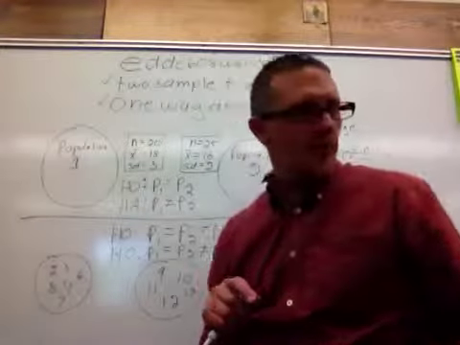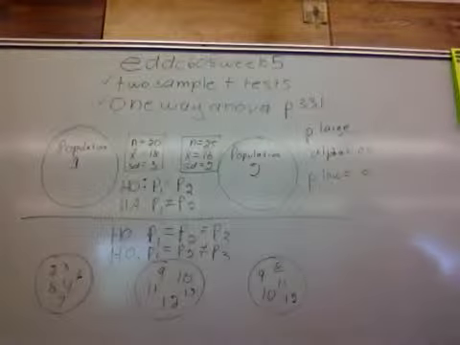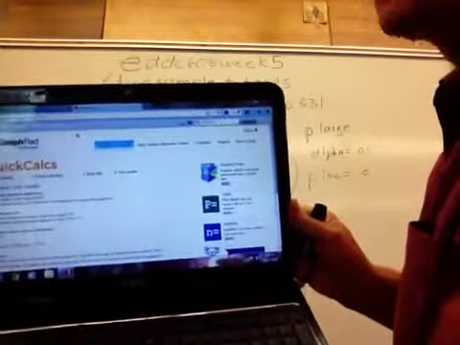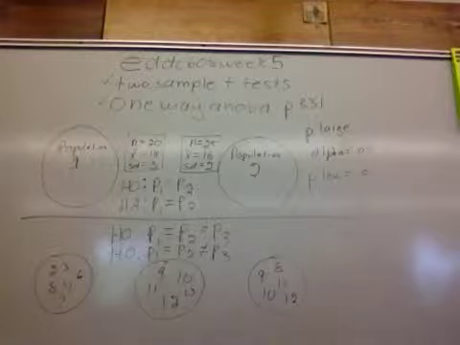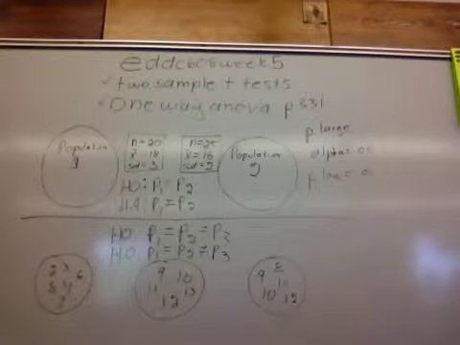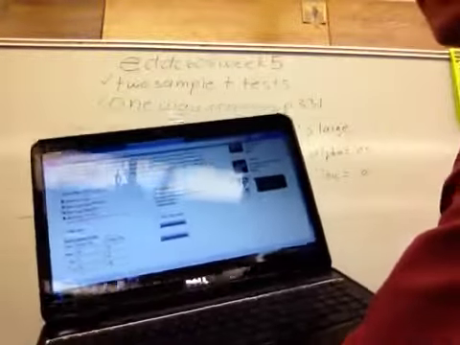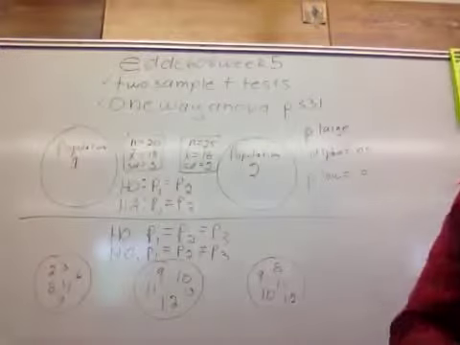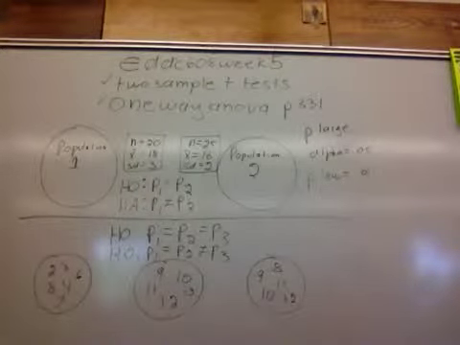Just for example, here's the two-sample t-test calculator that's in the text. What you do is simply enter the mean, standard deviation, and sample size of each of the two groups, and you click calculate, and it gives you a p-value.